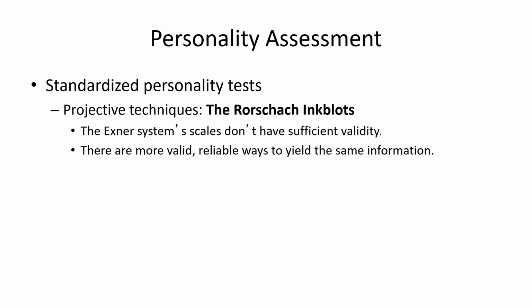Exner system scales don't have sufficient validity, right? If he says somebody is psychotic, we're not always finding that in reality they are, right? There are more valid, reliable ways to yield the same information, right? An MMPI, an MCMI-IV, a clinical interview can do that rather than the actual Rorschach blocks, right?